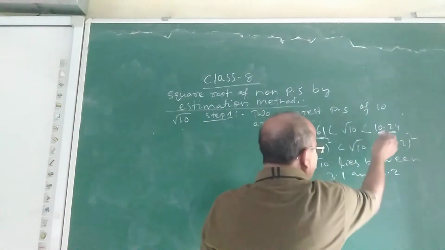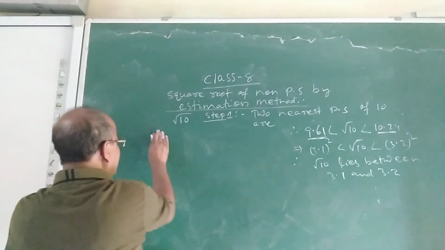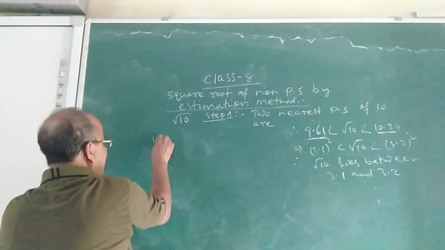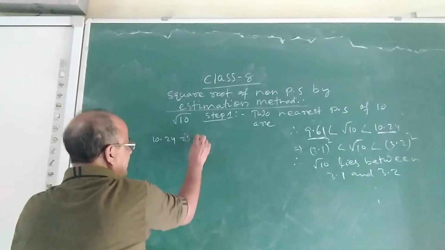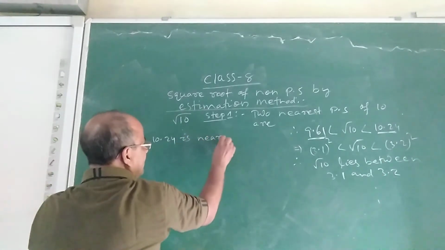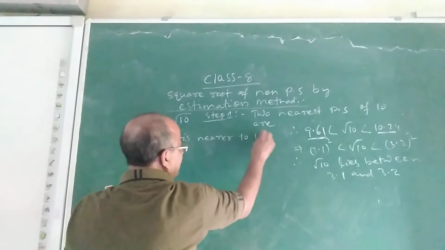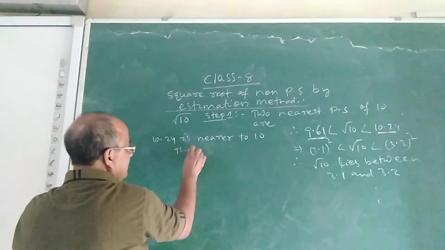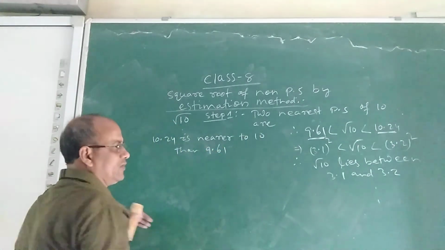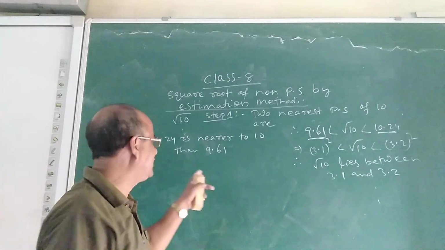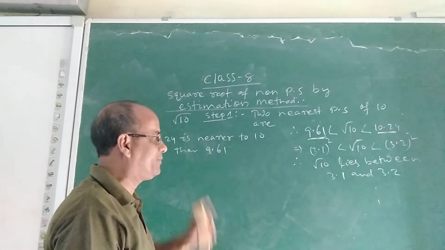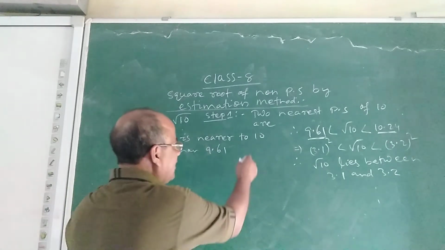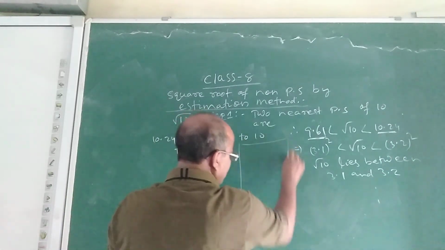Now clearly 10.24 is nearer, or closer, to 10 than 9.61. You will ask me, sir, how did you know? That also can be answered. See what I am doing here.